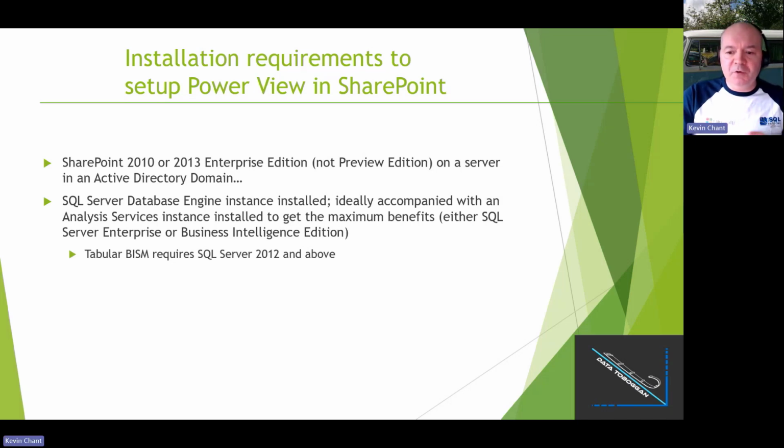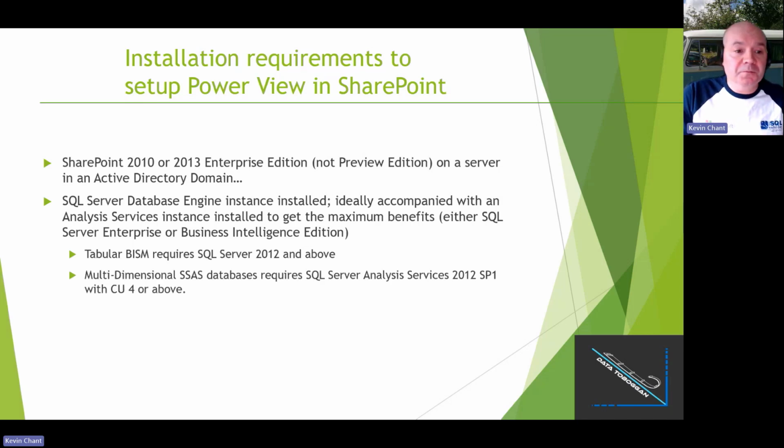So for working with tabular BI semantic models, and I'll talk a bit more about these shortly since they are the newer version, you require SQL Server 2012 or above. For multi-dimensional databases, you need to have SSAS, SQL Server Analysis Services, Service Pack 1 with cumulative update 4 installed or above.